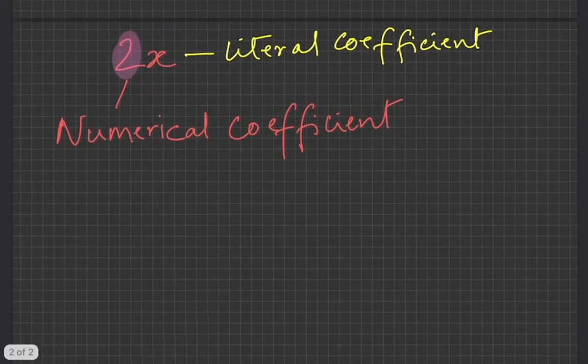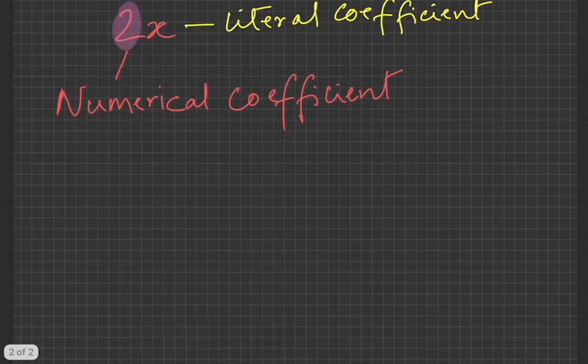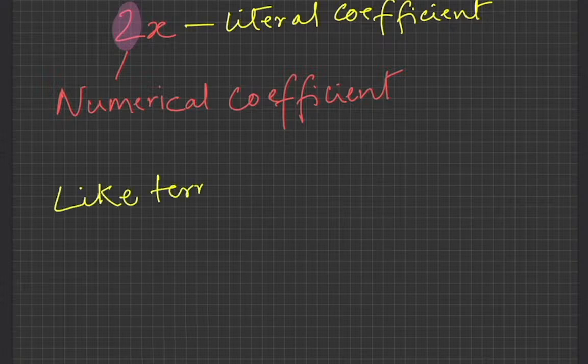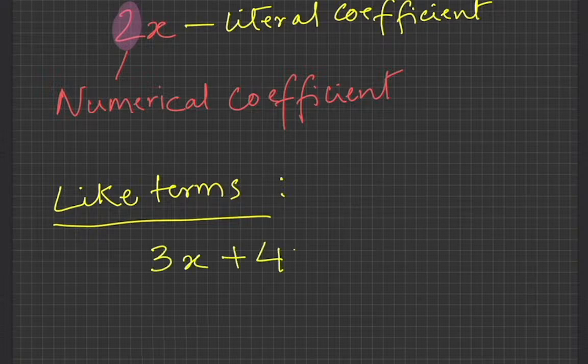Now, if we have to add two algebraic terms or expressions, then we can only add like terms. So let's understand about like terms. Like terms are basically terms with the same variable. Let's say that I have 3x plus 4x.